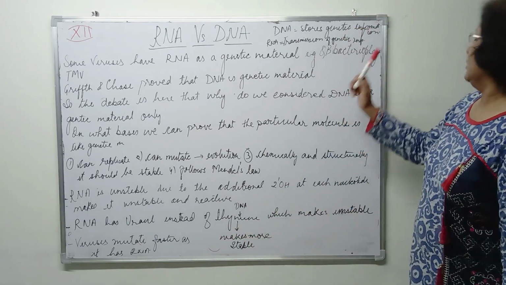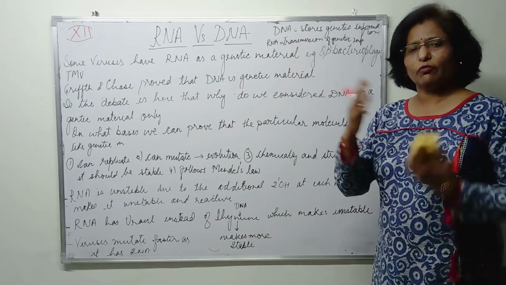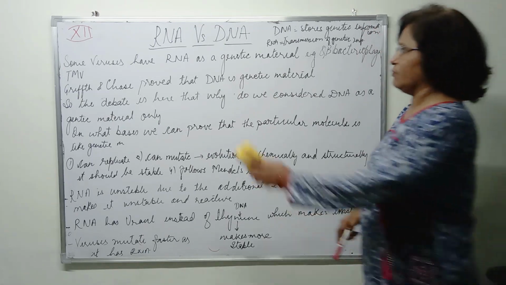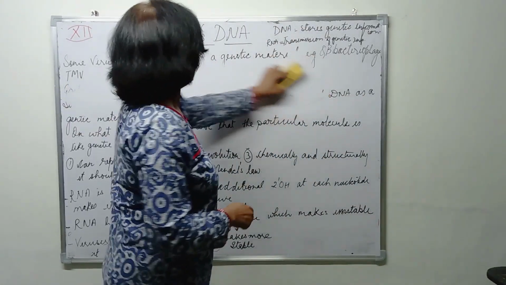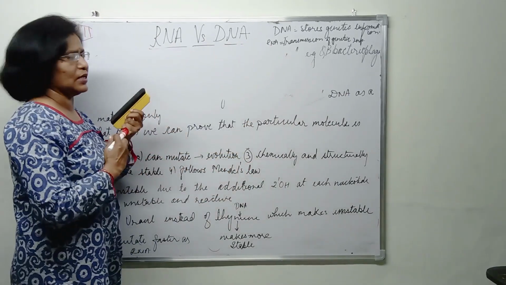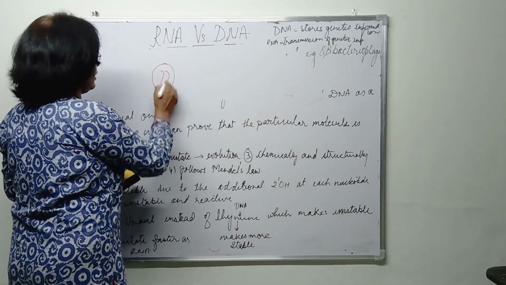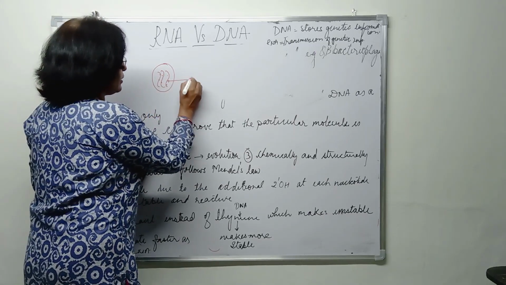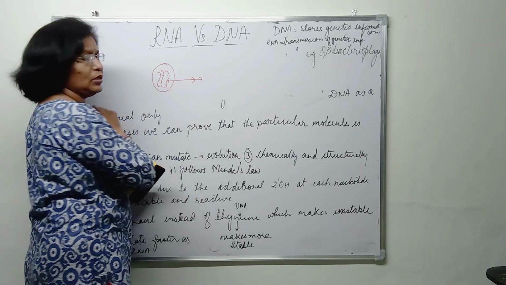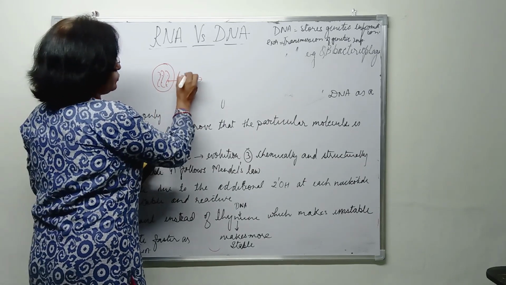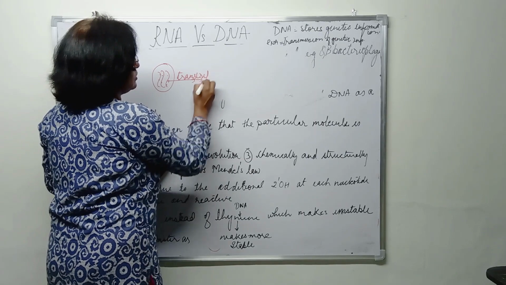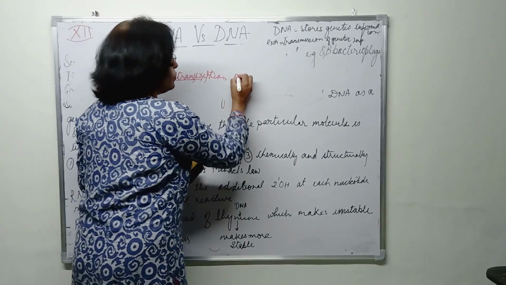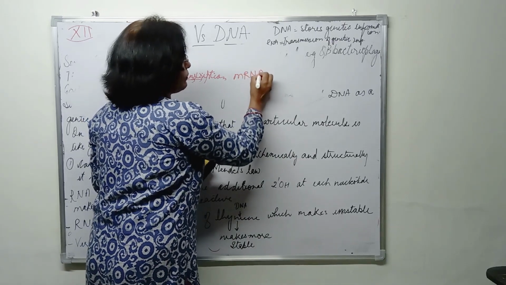Now, DNA stores genetic information. This is the nucleus with the DNA. It stores genetic information and, during the transcription process, gives the coded message to messenger RNA, which is a type of RNA.